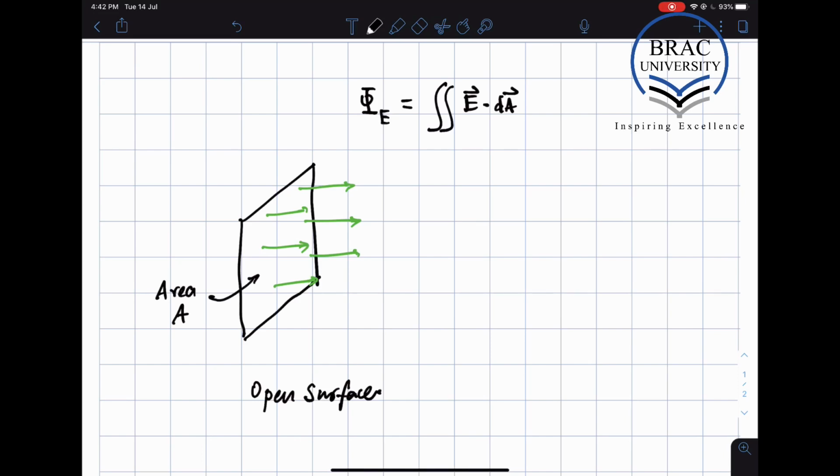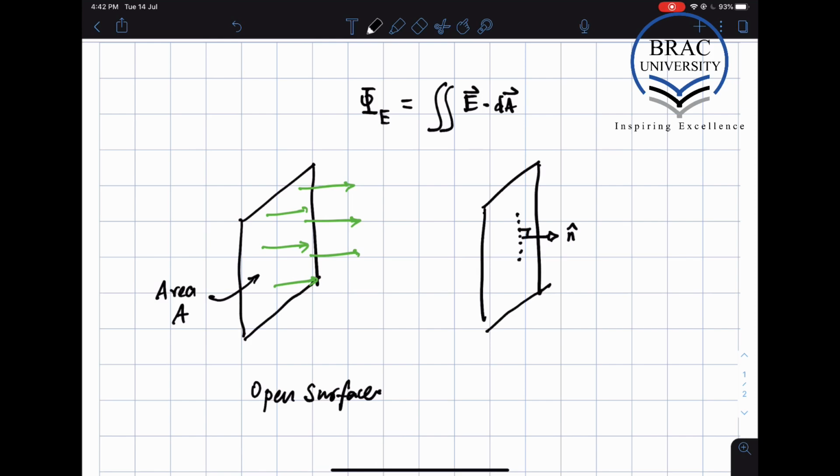To see this, let's draw the open surface again over here. And let's draw a unit vector which is normal to this open surface. So this is the open surface, and the unit vector n makes a 90 degree angle to it.